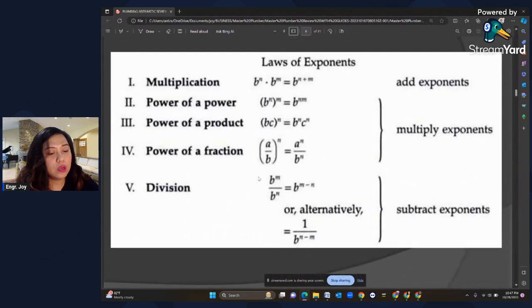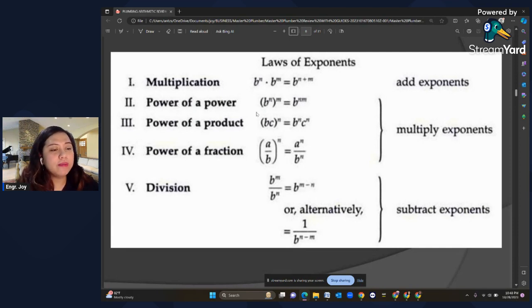Okay, maganda to, at least marireview tayo pagdating sa law of exponents. Sa multiplication, it's b raised to m times b raised to n. Of course, the answer should be b, ipa-plus mo yung kanyang exponents, m plus n. With this, dapat parehas yung base.